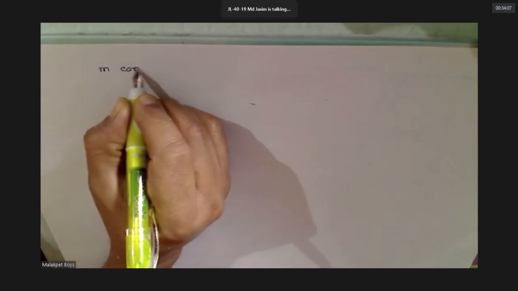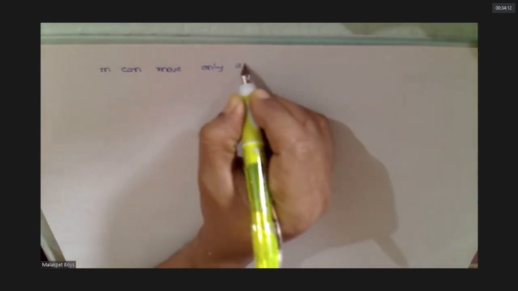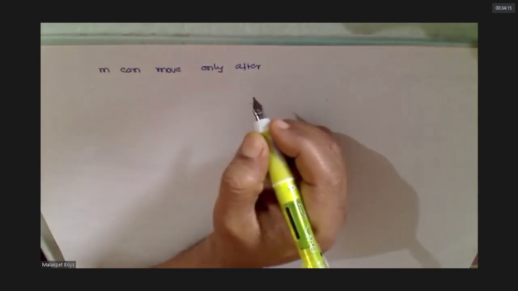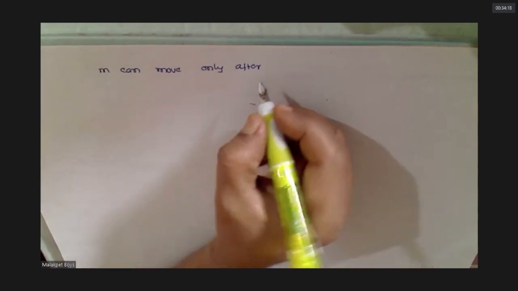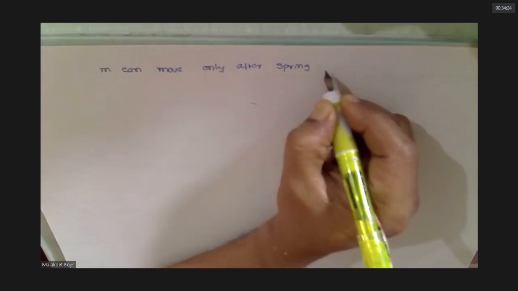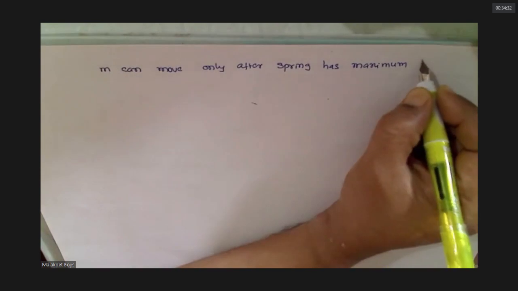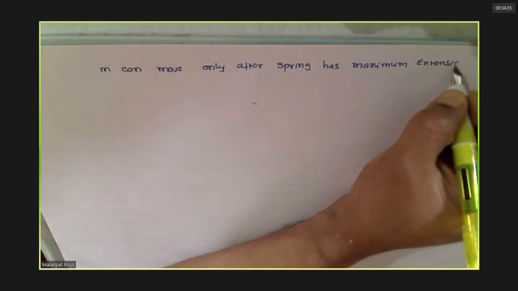We need complete extension, because it cannot extend further, it will pull the object connected to it. That is the concept here, no? Am I right or not? Clear?